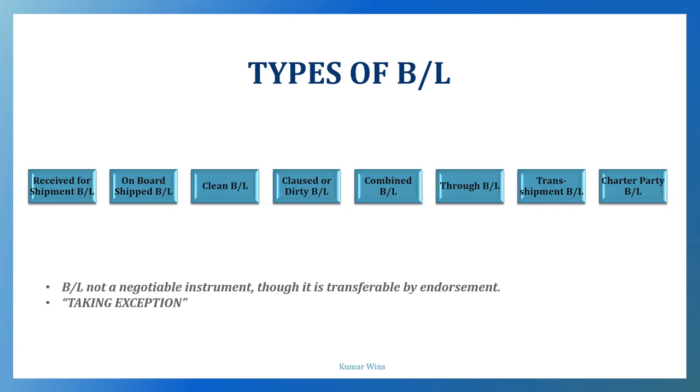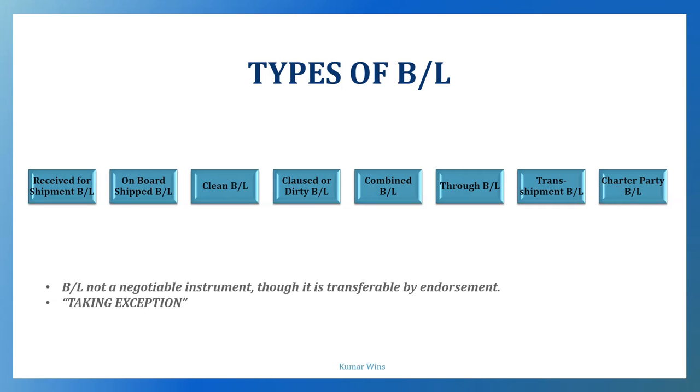BL is not a negotiable instrument, though it is transferable by endorsement. This transferability enables the banks to pay money to the exporter against surrender of shipping documents, including BL, even before the goods reach the destination. Similarly, it enables the goods to be resold by the importer before goods reach the destination.